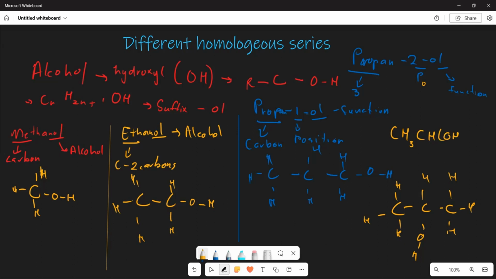Then this is going to be your OH. And the next thing you find is CH3, with 3 hydrogens. This is the significance of the condensed structural formula of your propan-2-ol. Are we together?